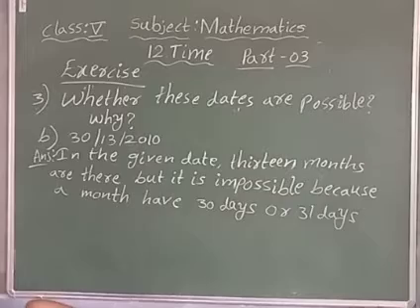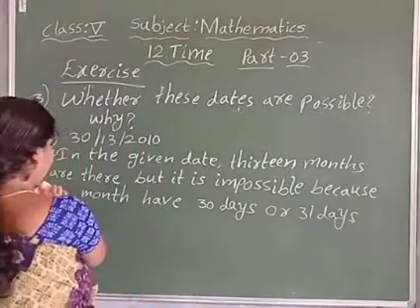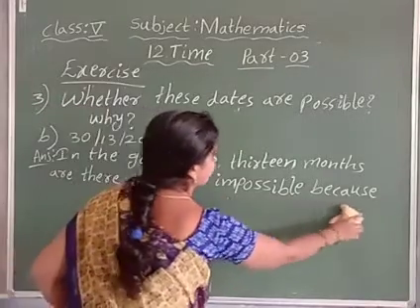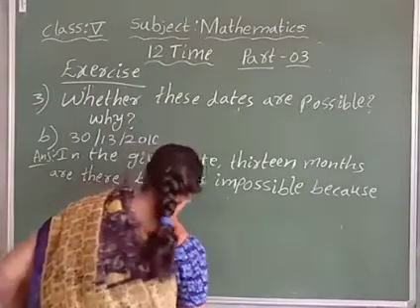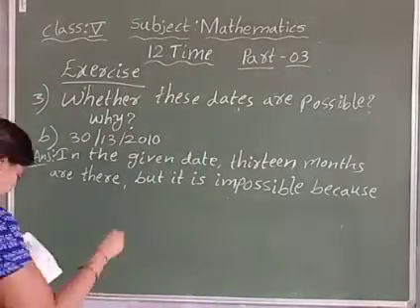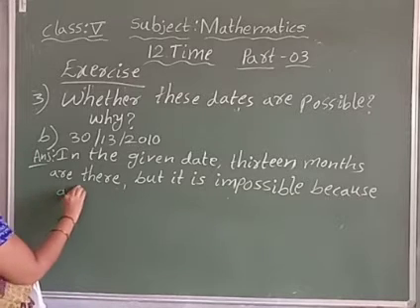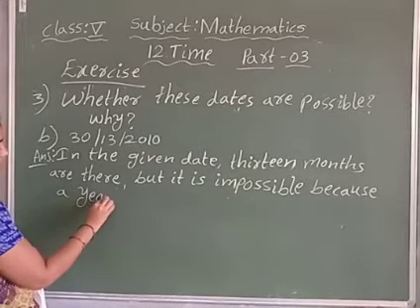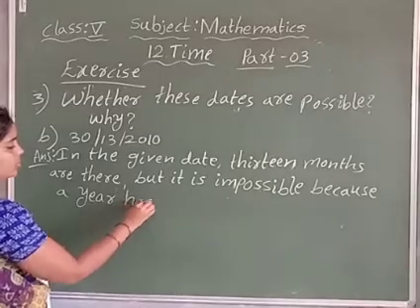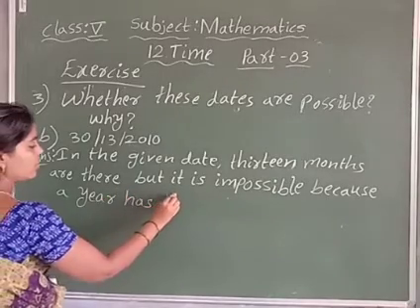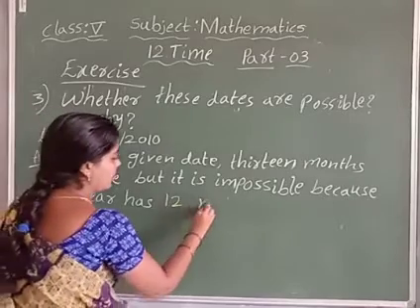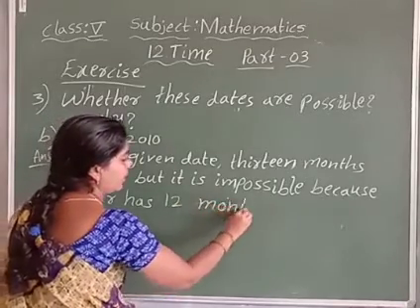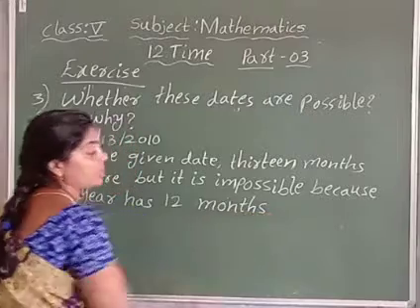because a year has 12 months. A year has how many months? 12 months.